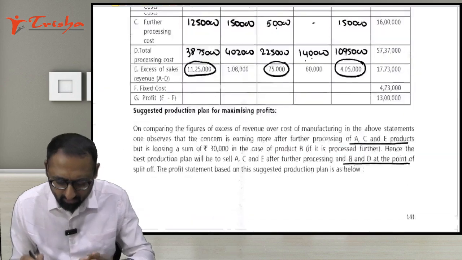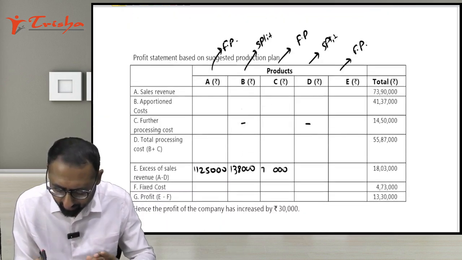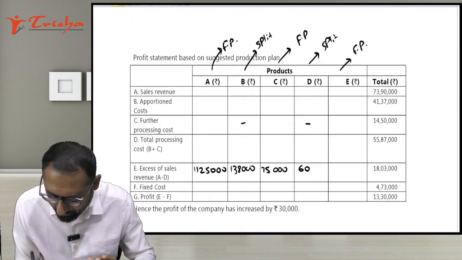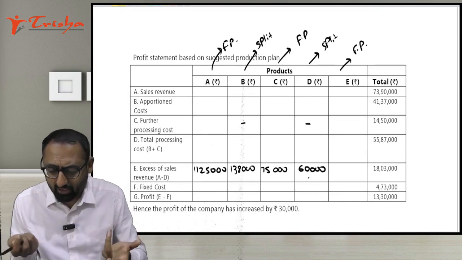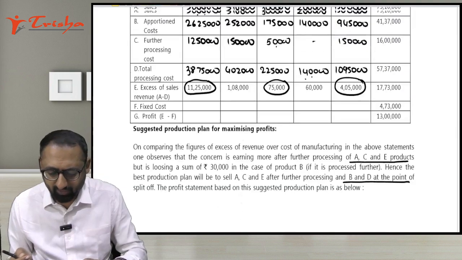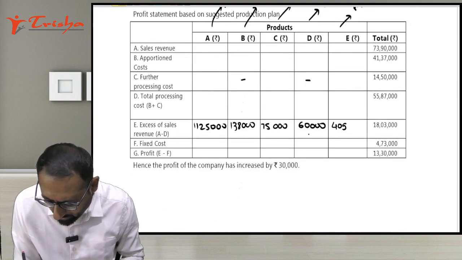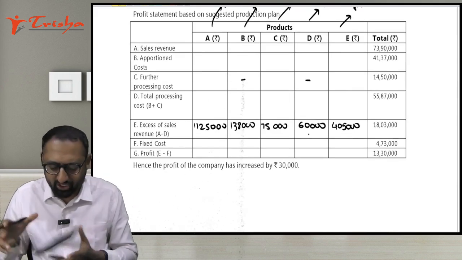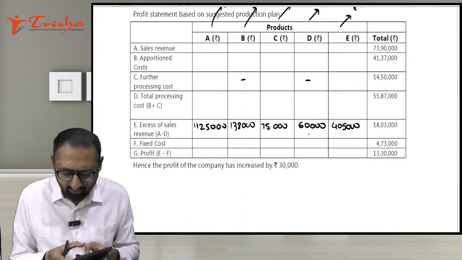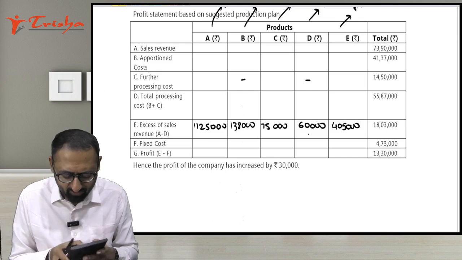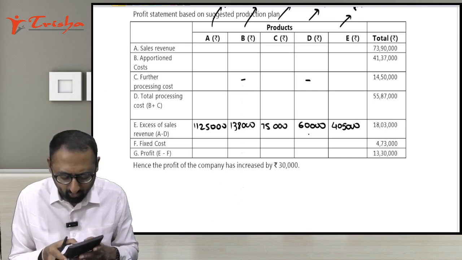Product C's was how much? 75,000. Okay, D will be 60,000. And E, further processed. So profit of E after further processing will be 4,05,000. You can check that. 11,25,000 plus 1,38,000 plus 75,000 plus 60,000 plus 4,05,000.